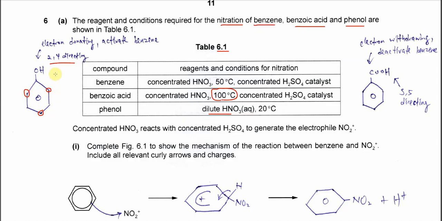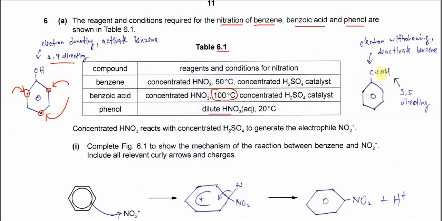So this we call 2,4 directing. When there is a nitronium ion, or the electrophile, that approaches, it will go to these 3 positions, right?